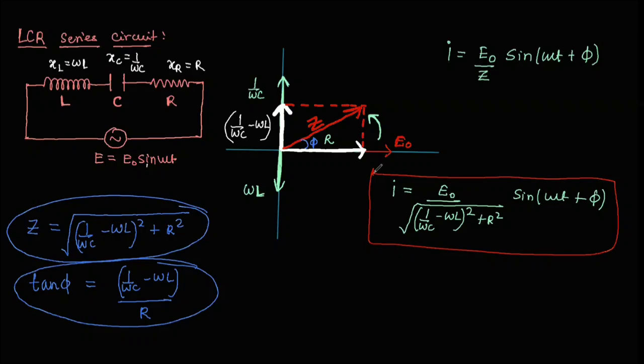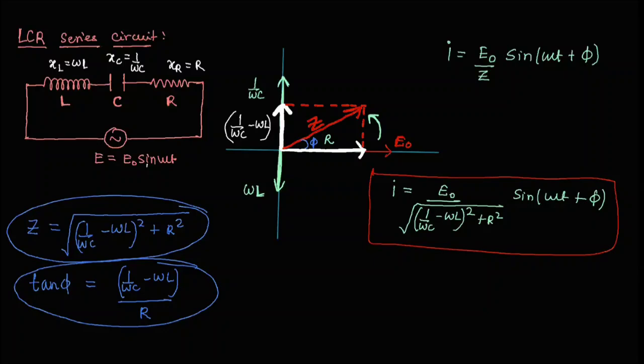In an LCR series circuit, we obtain the equation of current like this: E naught upon the square root of (1 by omega C minus omega L) whole square plus R square, and sine omega t plus phi. Now we are going to analyze this expression of current. The value of current is going to fluctuate with the value of omega.